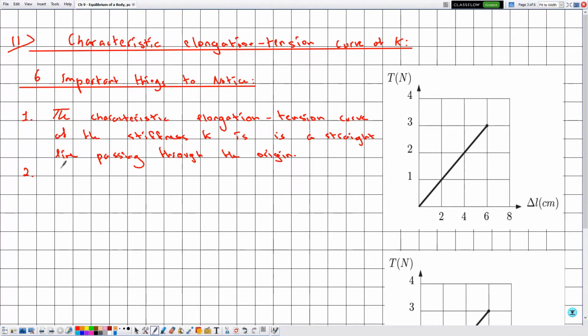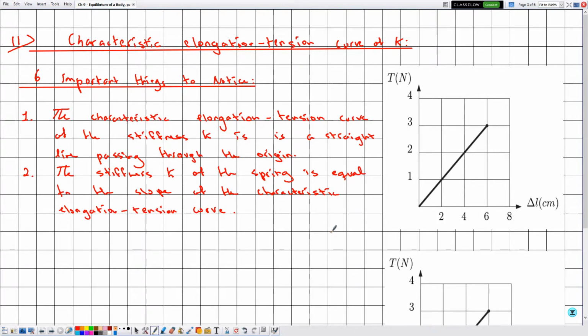Then let me say the stiffness K of the spring is equal to the slope of the characteristic elongation tension curve.